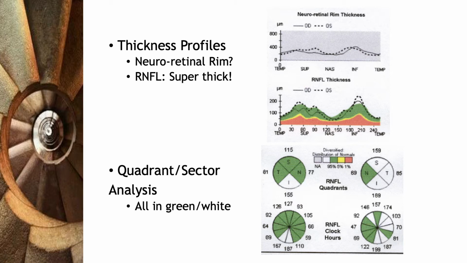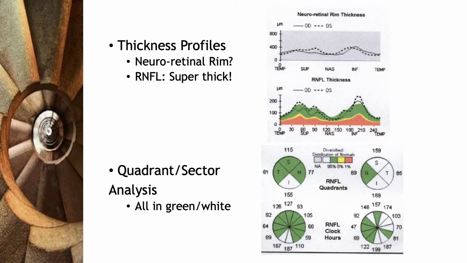But one thing I'm drawn to, especially in the superior sector, is this asymmetry between the right eye, which is still well within the green, well within the so-called normal database, but which is significantly thinner than the left eye. If we come down to our quadrants, and honestly, I don't look at this too often, you'll see superiorly he's got a measurement of 115 microns in the right eye compared to 159 microns in the left eye.